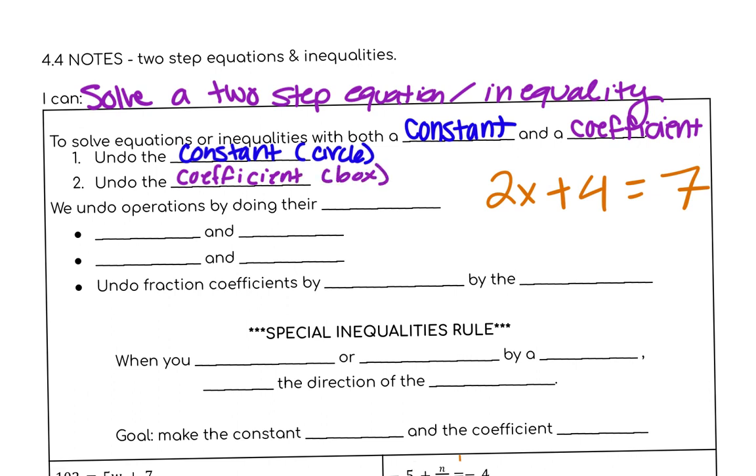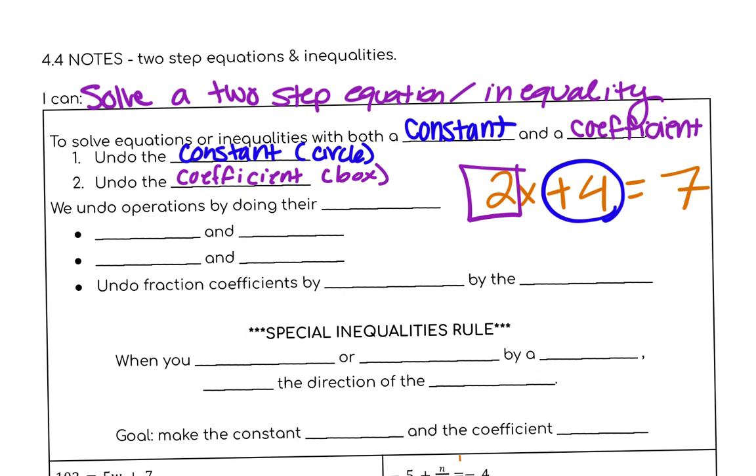And we're going to put a box around that. So here, this +4, my constant, right, it is not as stuck to the x as this 2 is. So we can undo that first. And then this 2, my coefficient, that is the most stuck to the variable, so I'm going to get rid of that one last.